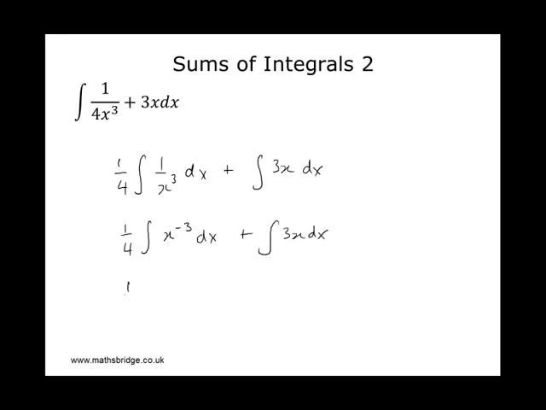And finally, doing our integration, and this is now minus 1 over 8x squared plus 3x squared over 2 plus our constant.